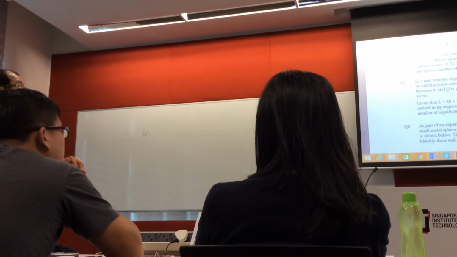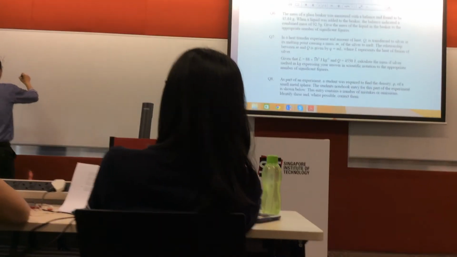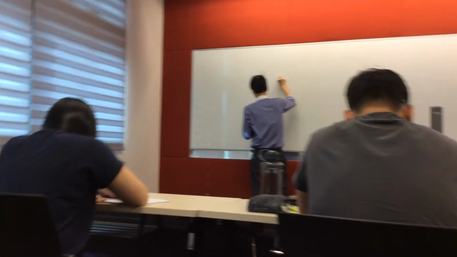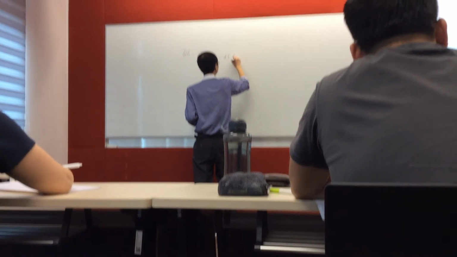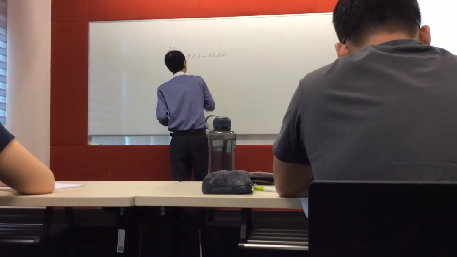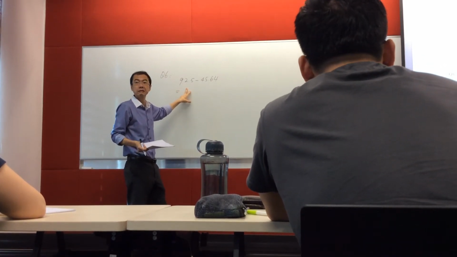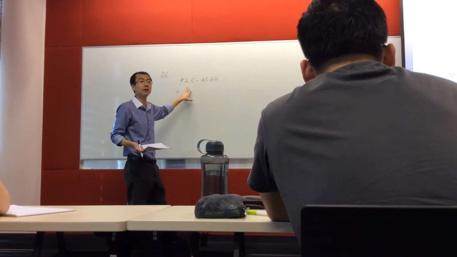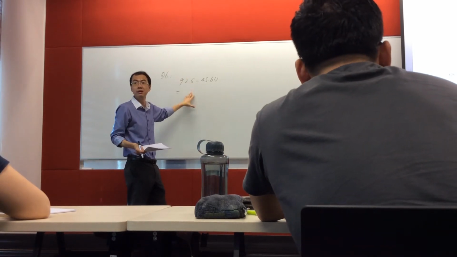So what is this one? Yeah, it's just minus, right? So you know the total mass, then you know the mass of the beaker, right? So it will be total mass minus 45.64, right? So again, this is what? Subtraction, right? For subtraction, we need to look at what?